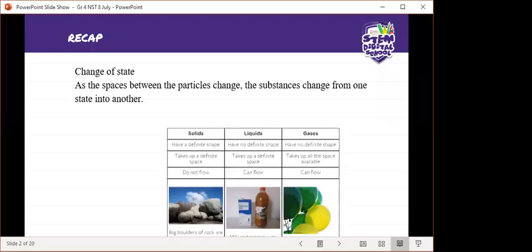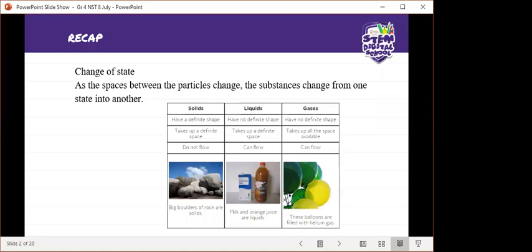These states are the solid state, the liquid state, as well as the gaseous state, or the state in which we find gases. Solids have a definite shape, take up a definite space, and do not flow. An example of solids is big boulders of rock, and some of you also gave me examples yesterday.